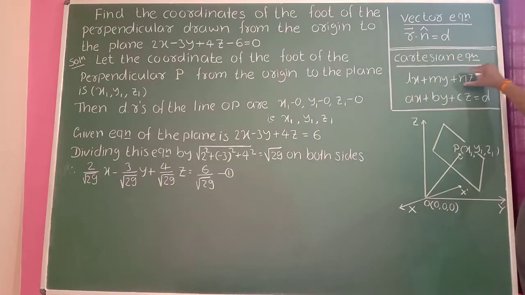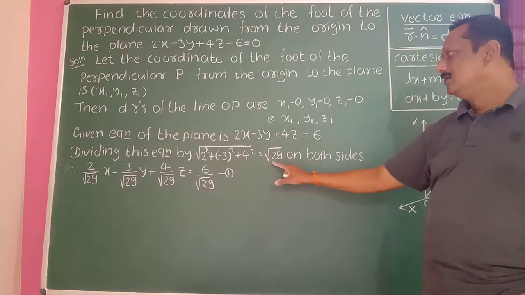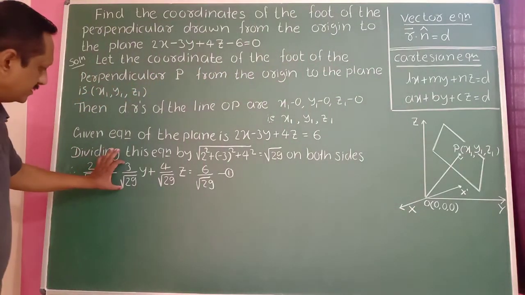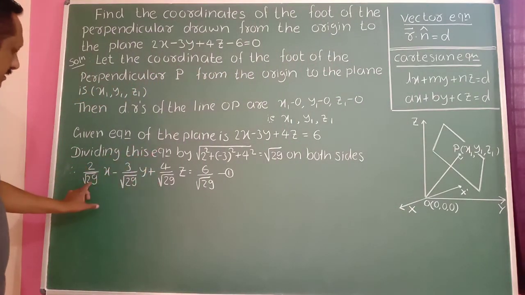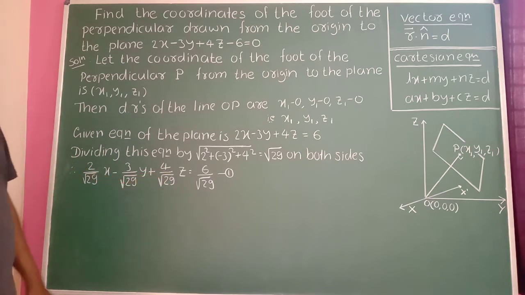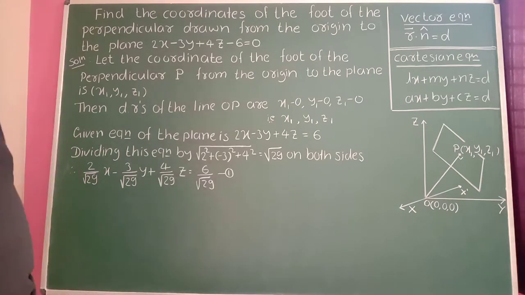Therefore write the equation in this form: lx plus my plus nz equal to d. Dividing both sides by square root of 29, this is l, this is m, and this is n. These are the direction cosines of the normal to the plane. You know that direction ratios and direction cosines are proportional to each other.